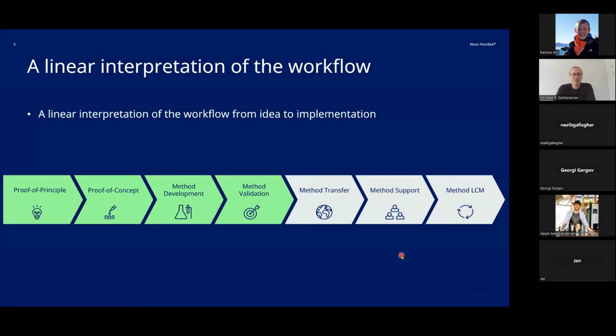So now we're looking into not only using an instrument, but also which instrument should we use, what are the requirements for that, and how do we establish something that we can push further on into our own internal process. And then when we have established a proof of concept, we go into basic method development. So we get a lot sharper on what we want to do and how we will achieve it.